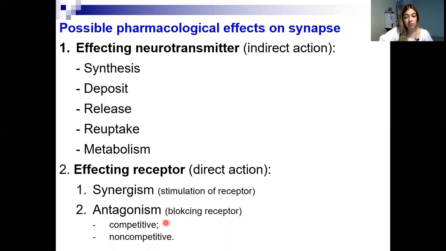Competitive antagonism means that the drug will bind at the same site as acetylcholine will. So they have like a competition, who will be the first to bind to this site, or who will be stronger to bind. This is competitive antagonism. And non-competitive antagonism means that the drug can affect somehow differently the same receptor, because the receptor is quite big.